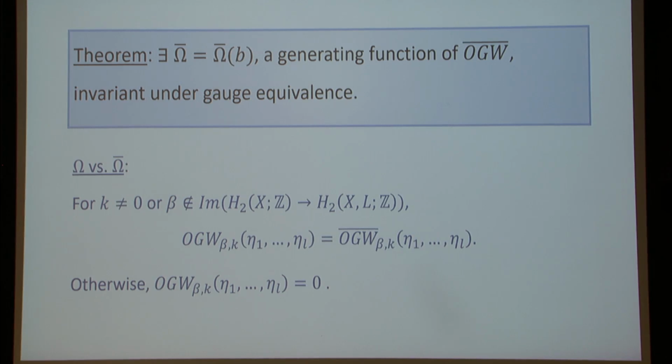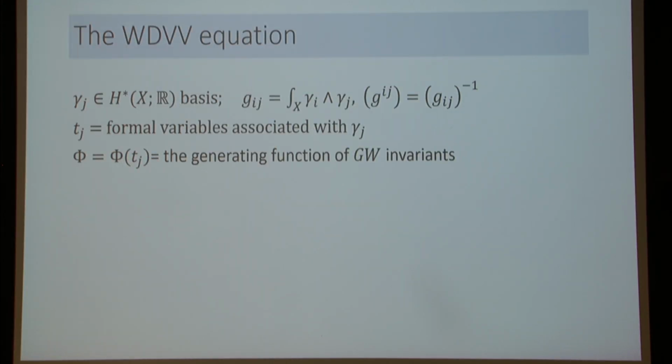Now that we found a way to incorporate spheres, we can get possibly non-trivial values. And of course, whenever we didn't have the problem of boundary shrinking, we get the same invariants as we had before. So this is a refinement that comes from adding contributions of spheres via the mapping cone.